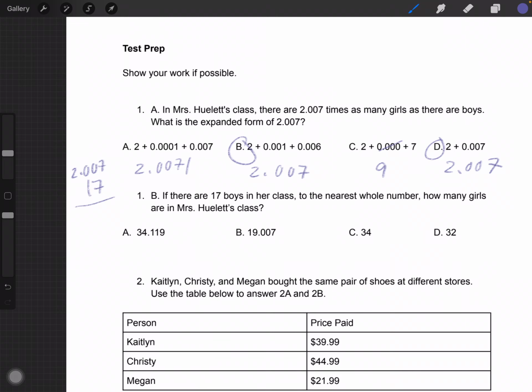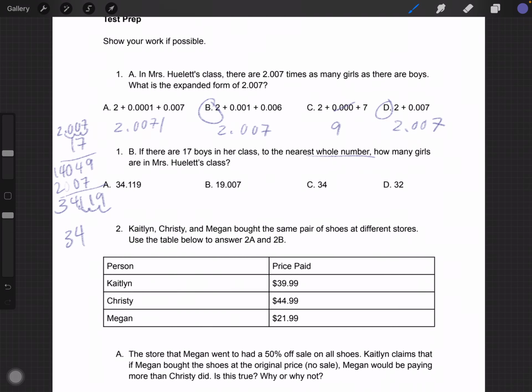Now if we do that, we get 34.119. There are 3 decimal points here, so you want to do 3 here. And they want the nearest whole number. This is not a whole number. This is a decimal number.